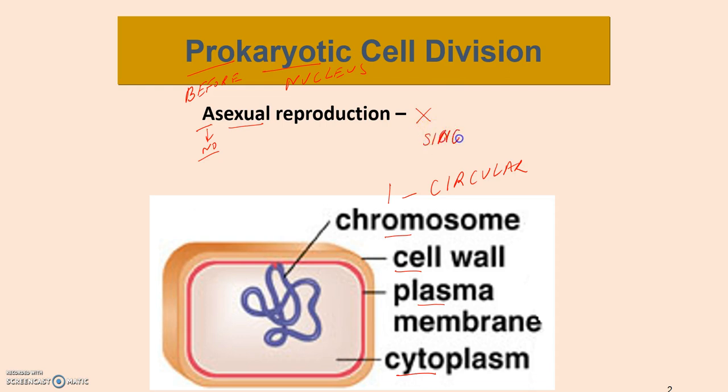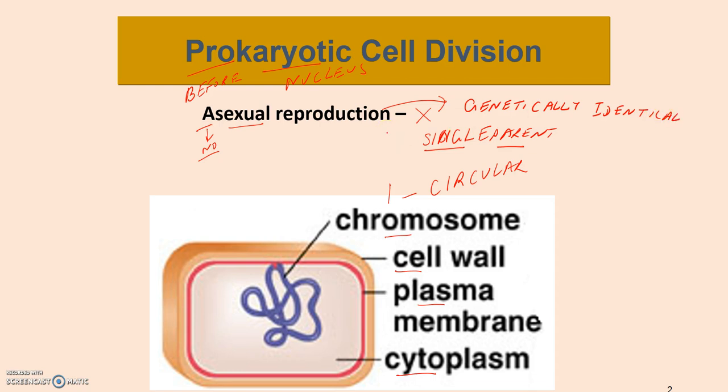A single parent is enough. Two parents are not involved. And of course, the offspring are genetically identical. So all the babies are going to be exactly like the parent, like the mother.